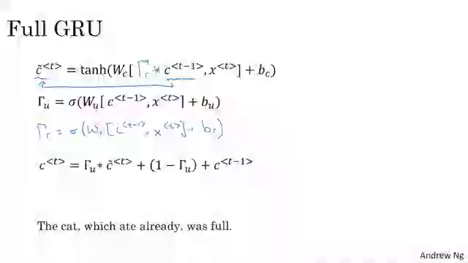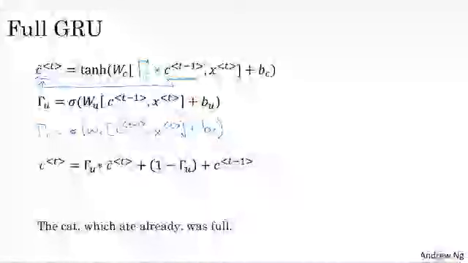And the GRU is one of the most commonly used versions that researchers have converged to and found robust and useful for many different problems. If you wish, you could try to invent new versions of these units, but the GRU is a standard one that's commonly used, although researchers have tried other versions that are similar but not exactly the same as what I'm writing down here.